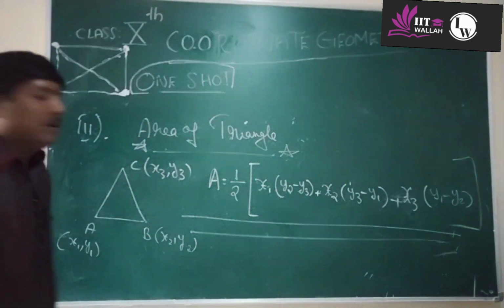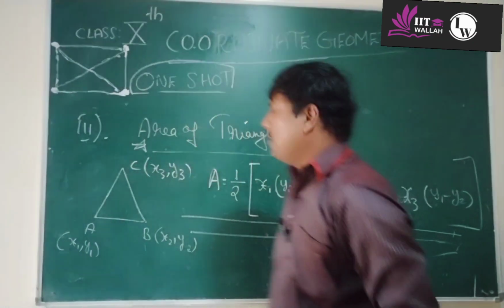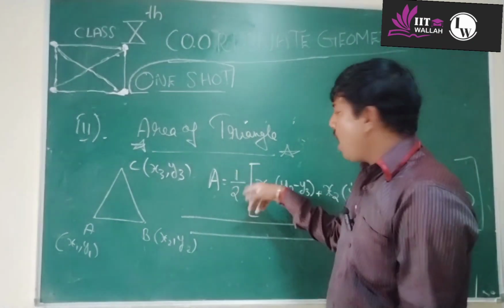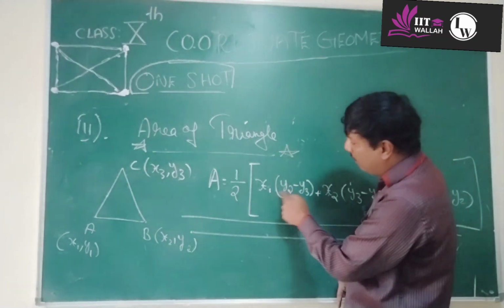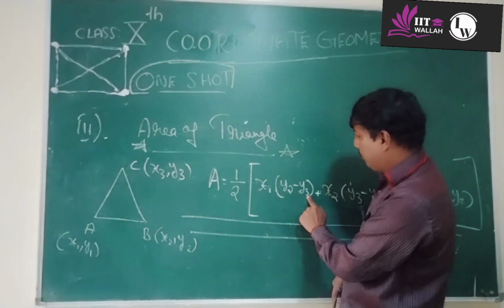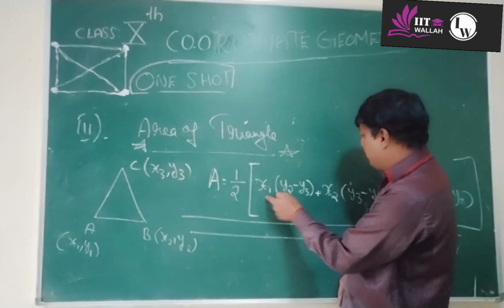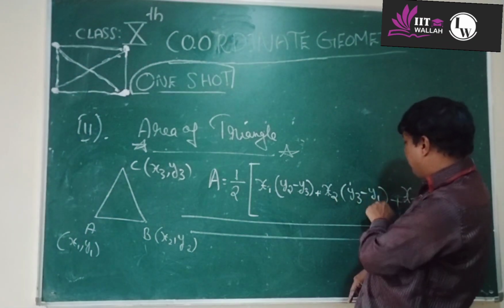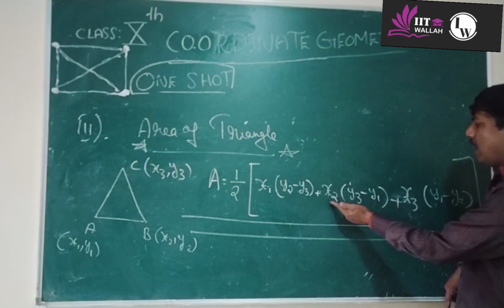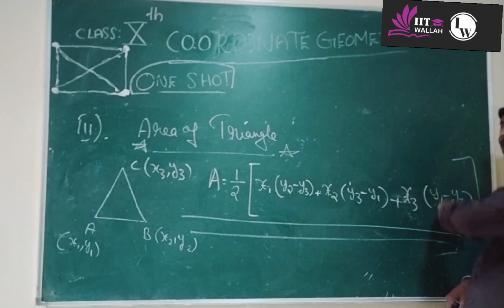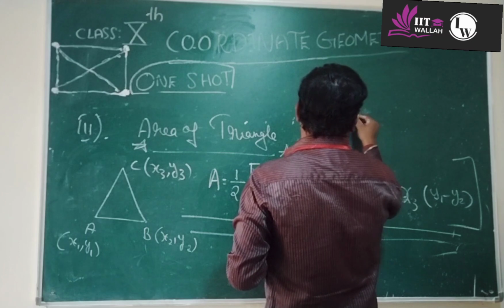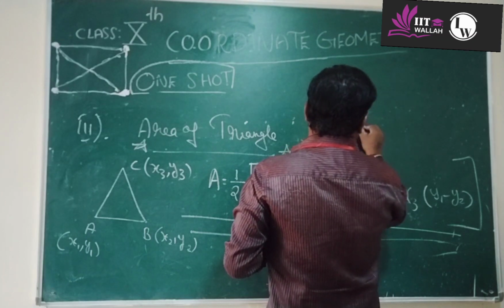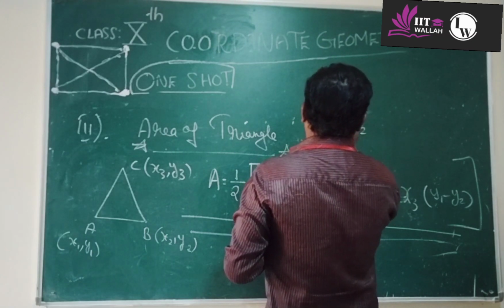This is the formula of the area of a triangle. How can you memorize it? How can you learn it properly? First half, then starting from x1, after 1, y2 minus y3; plus, then x2 into, after 2, y3 minus y1; plus, then after x2, x3, and after 3 again 1 is coming, it is like a cycle: y1, y2, y3.